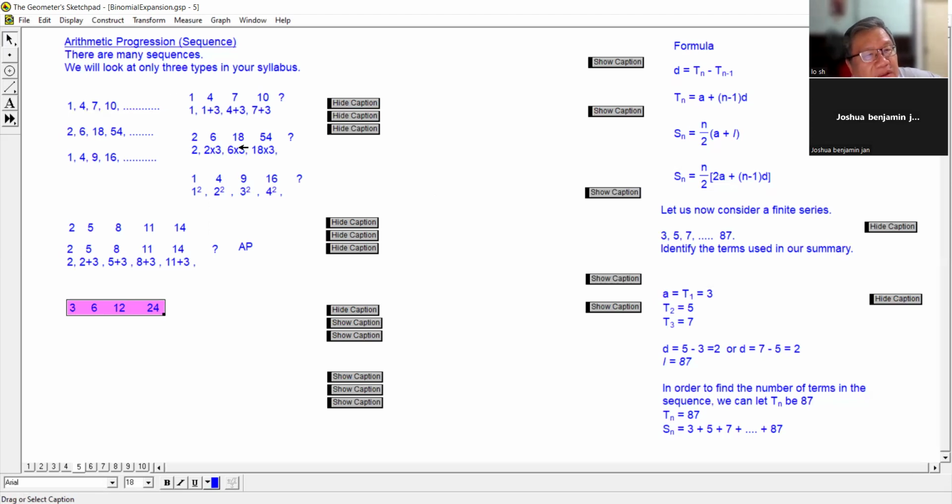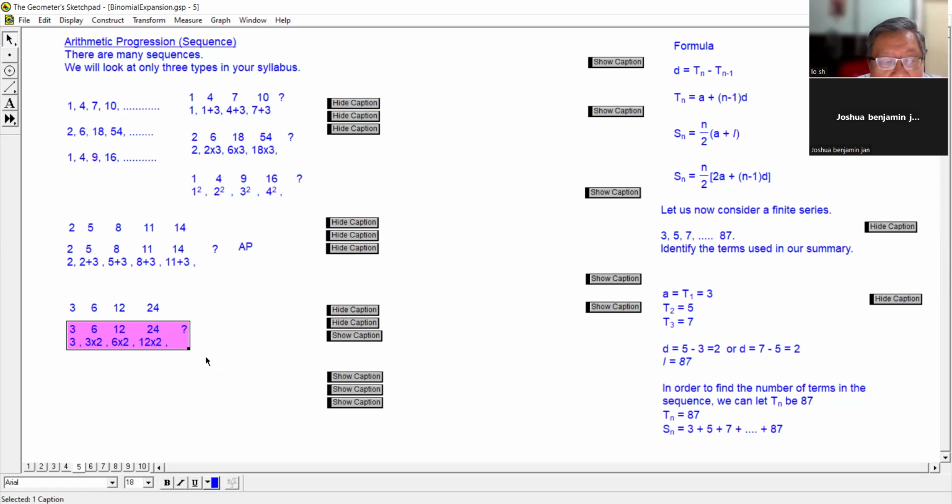The first type, the second type, or the third type? Second type. Yeah, correct, the second type. What is the number that you proceed from one term to another? Multiplying by 2. You multiply by 2, right? 3 multiplied by 2 is 6, 6 multiplied by 2 is 12, 12 multiplied by 2 is 24.